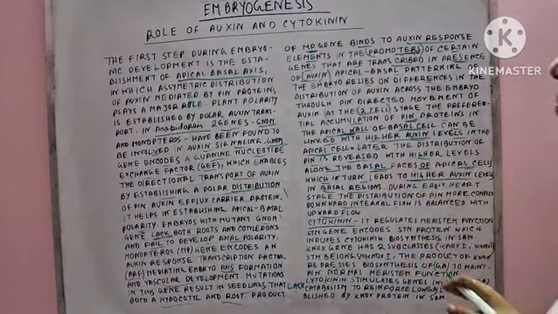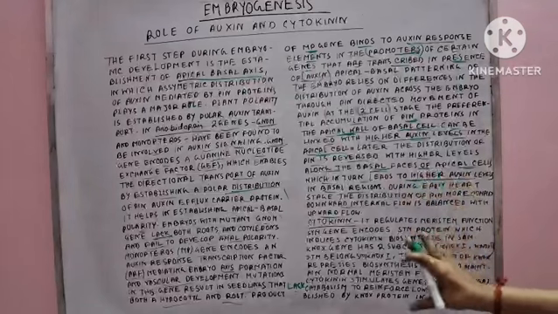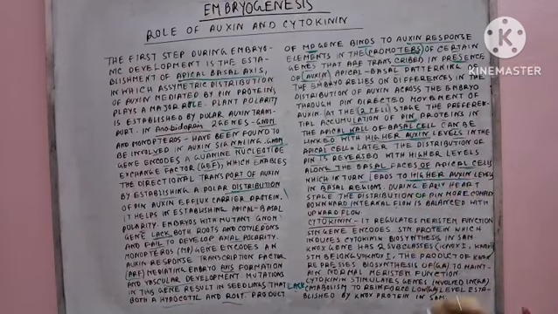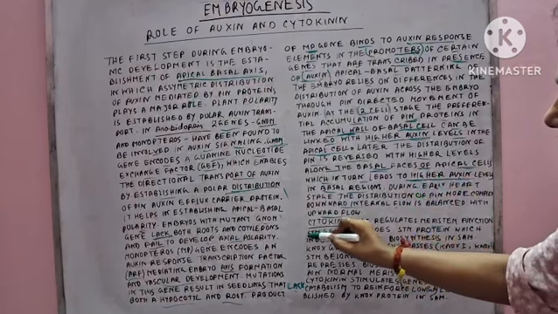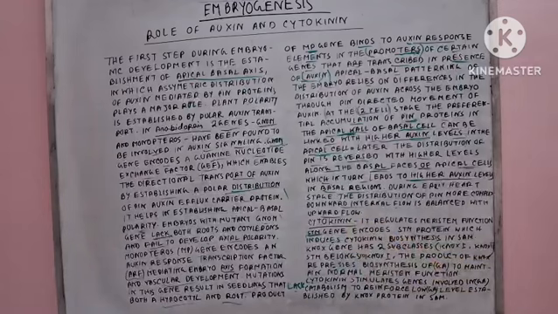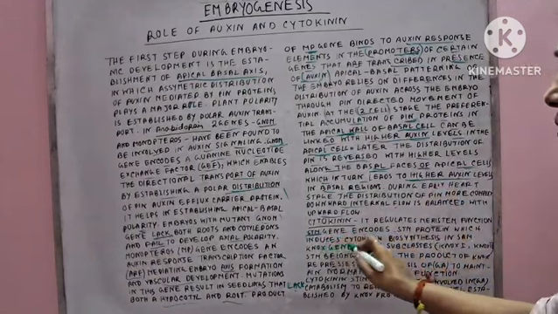Now another important hormone is cytokinin. Its major role is seen in the regulation of meristem function. And here the important gene is the STM gene. This STM gene is a KNOX gene, very important.